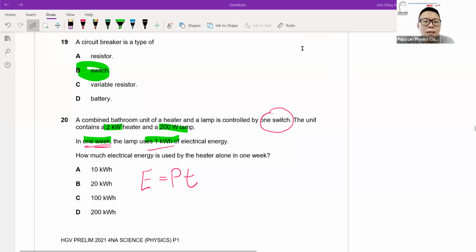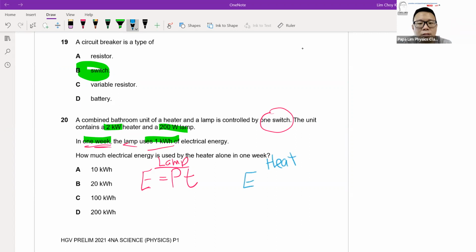But once I know the time I spend using the lamp, I will be able to find the time I spend for the heater. At this instant, this is my lamp. At the same time, my heater will also use a certain amount of energy, power, and time.